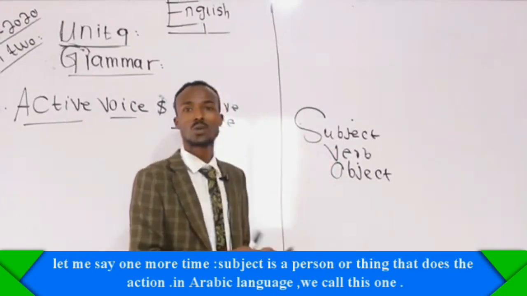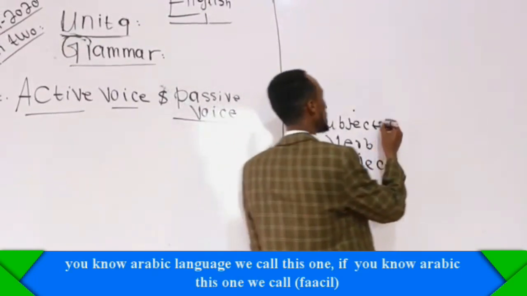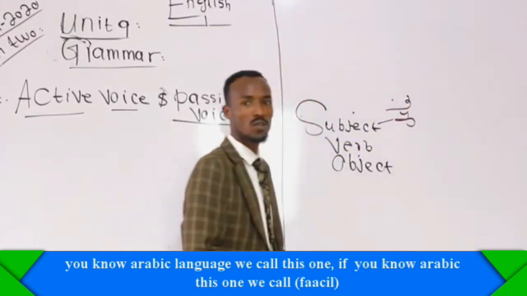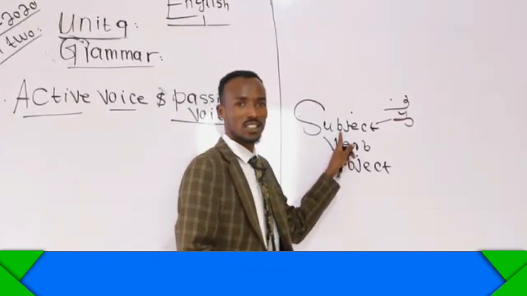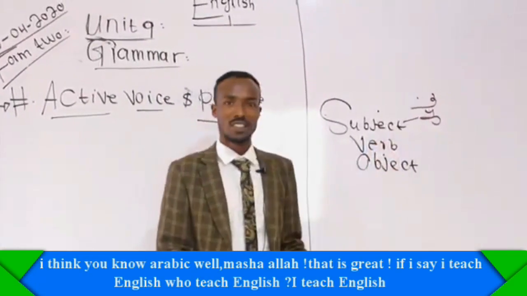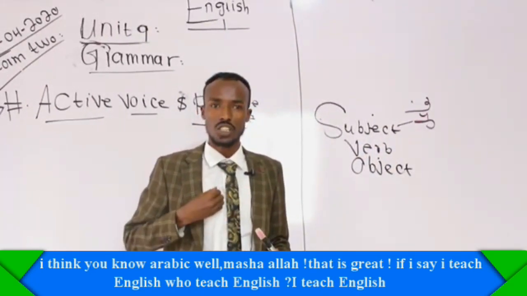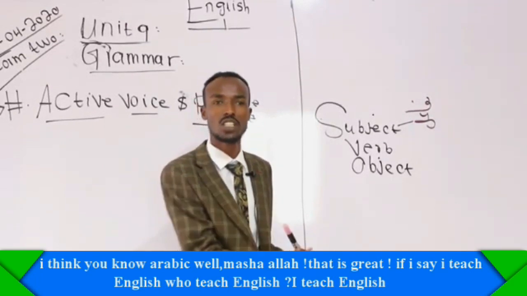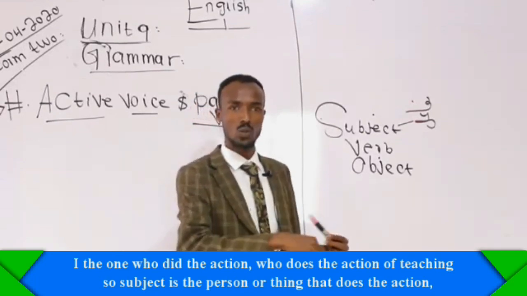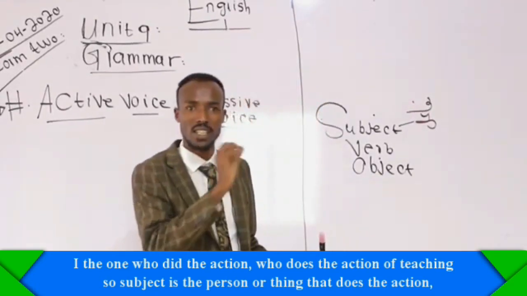In Arabic language, if you know Arabic, we call this fa'il. MashaAllah, that's great. If I say, I teach English, who teaches English? I do, the one who does the action of teaching. So I'm the subject.